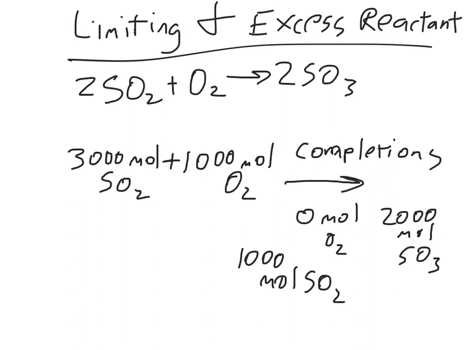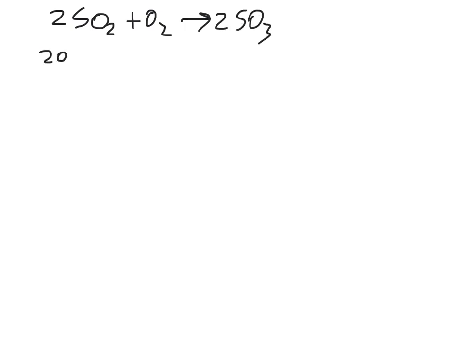So let me give you a more mathematical way to determine the limiting and the excess reactant. So let's write out our equation again up here. 2SO2 plus O2 goes to 2SO3. And again, we'll assume we have 3,000 moles of SO2 and 1,000 moles of O2.